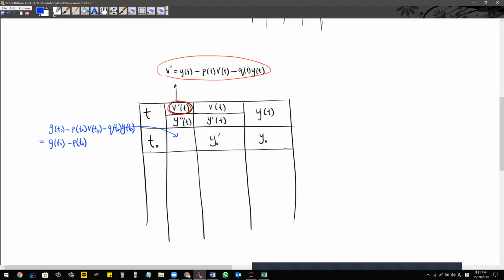And we know that V of T naught is Y naught dash, which is Y naught dash minus Q of T naught. And Y of T naught is going to be Y naught. You get the idea?